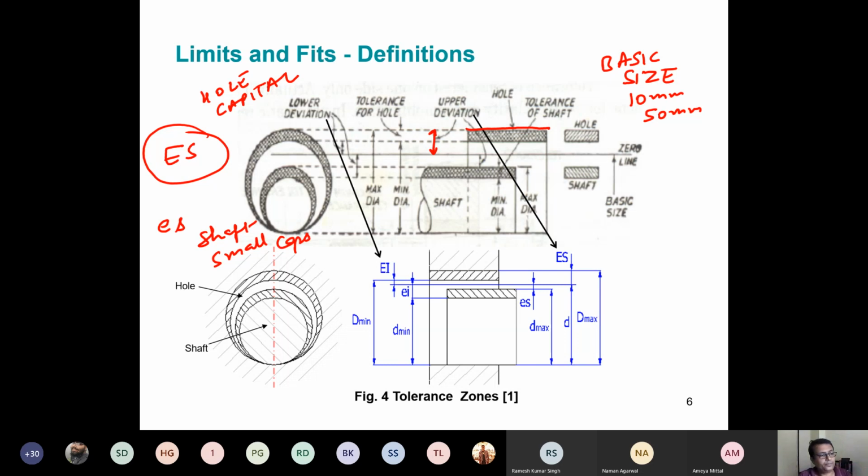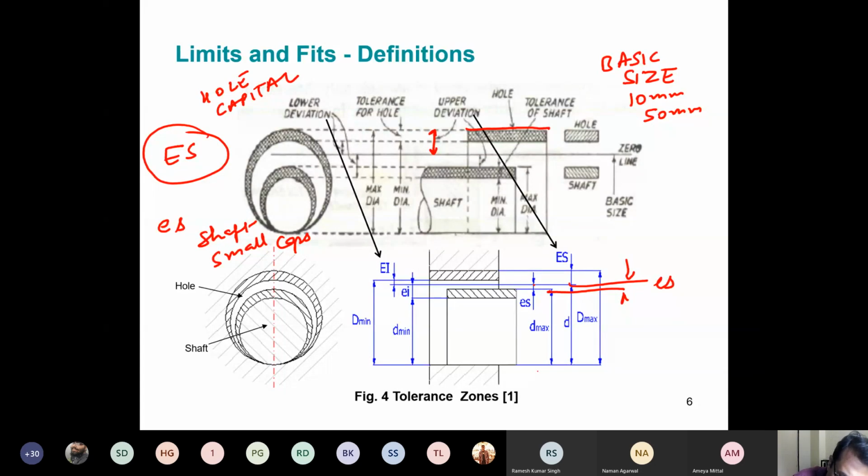So small es is the top surface right here. This is called the upper deviation of the shaft, small es.